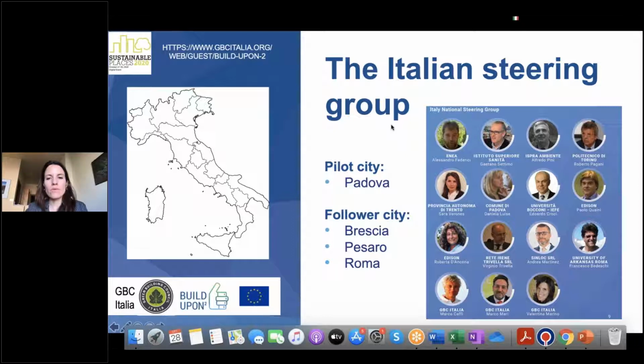In our steering group, we have Enea, the Istituto Superiore della Sanità, ISPRA, some municipalities and some private actors as well, like Edison, for instance, or SINLOC, who are all stakeholders who represent the different actors of the value chain. And also the major organizations at the national level who have a say on the national renovation strategy.